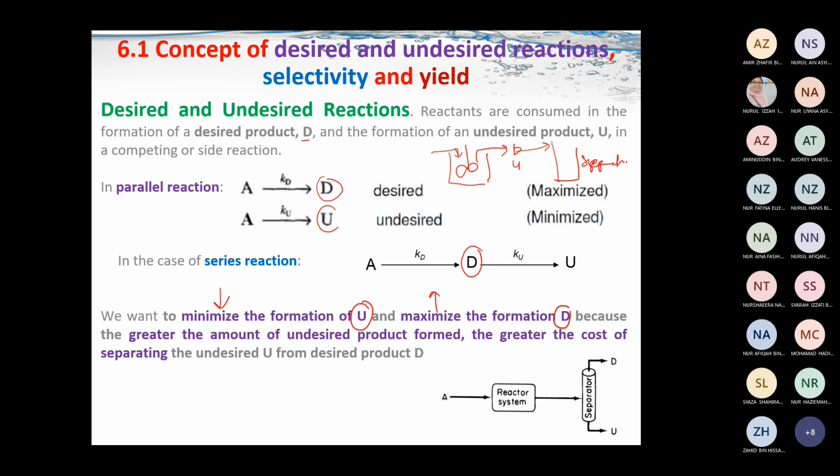It can be a distillation column or a normal separator, depending on your process design. When there is extra equipment here, it will incur extra cost. That's why as chemical engineers, we try to avoid undesired product forming from the reactions.